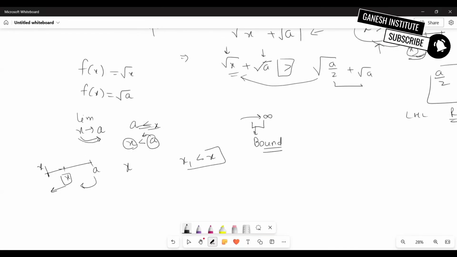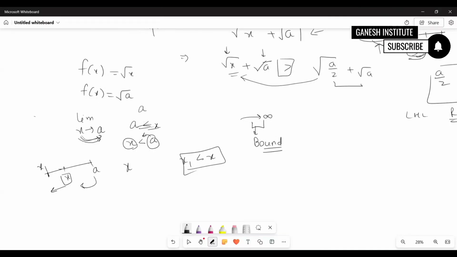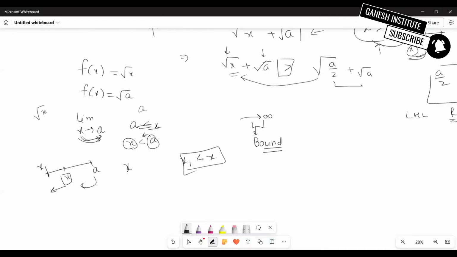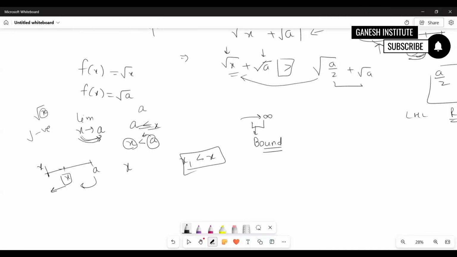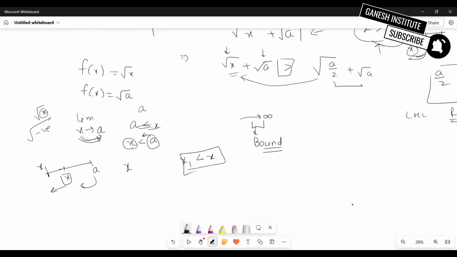Yes, you can assume. But can you also assume that a is more than x, or is it only x is more than a? No, at the moment a is more than x because x is approaching towards a. And I have root x. I can't have x as a negative value, so it has to be absolute value.